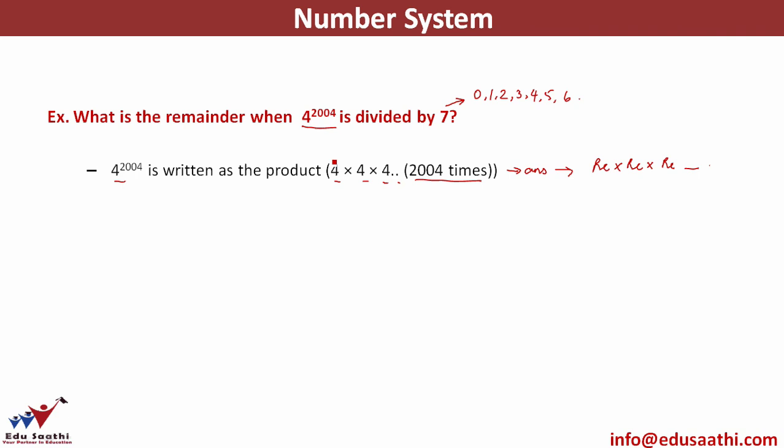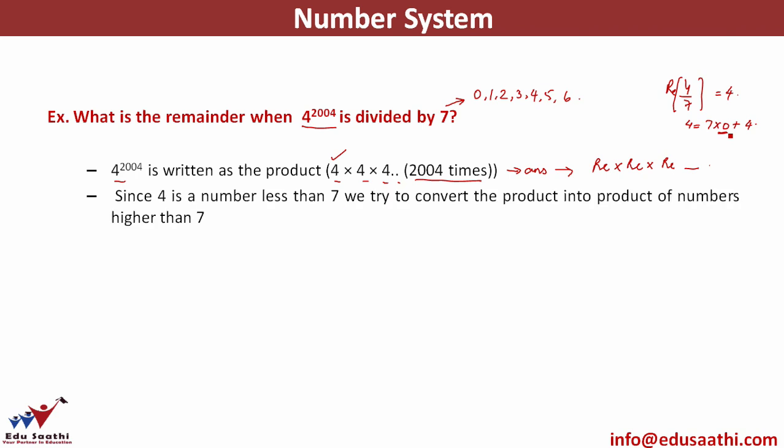But if I look at this number 4 when divided by 7 would give me a remainder of 4 only, because 4 can be written as 7 into 0 plus 4. My quotient will turn out to be 0 because 4 is a number which is lesser than 7.